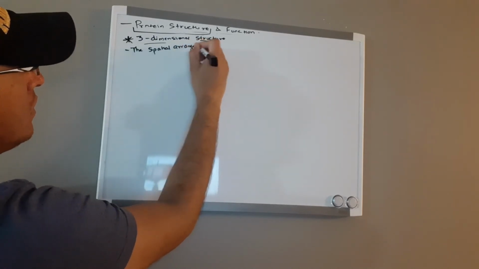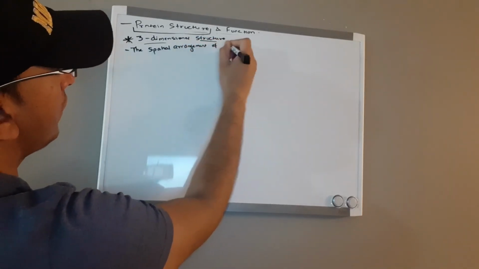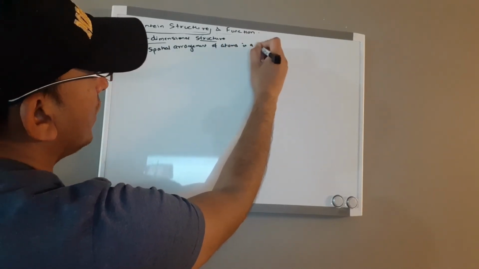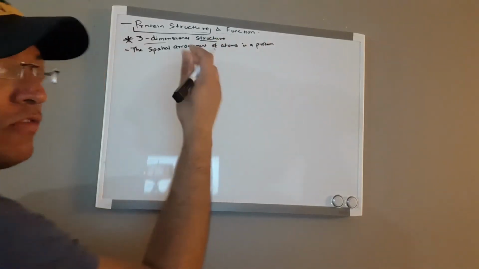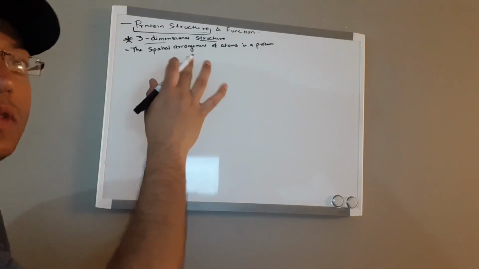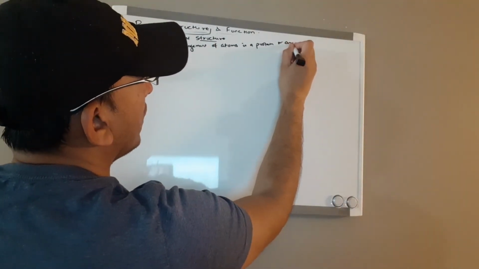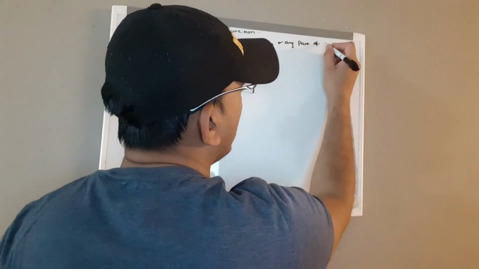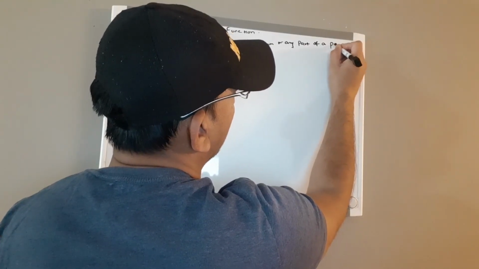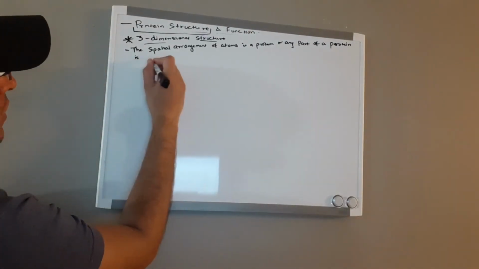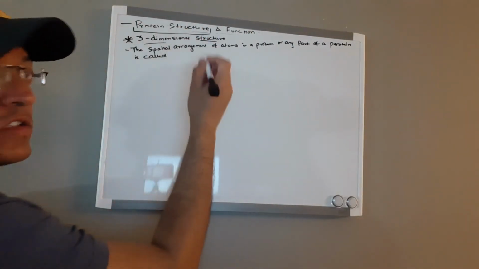The arrangement of atoms in space, of a protein or any part of a protein, is called its conformation.